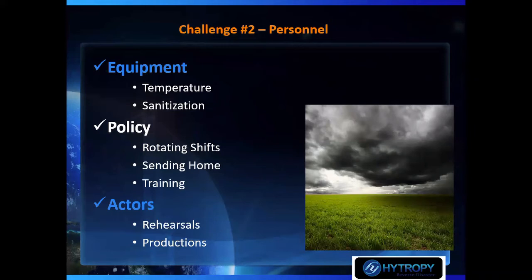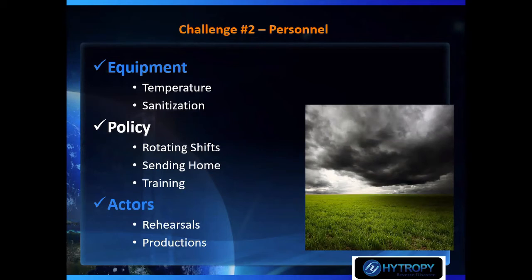Number two, you have to have what we call an agent of action, which means you have to have individuals who are empowered to send people home. This needs to include the following: management, line staff, volunteers, and performers. So there needs to be a policy for every one of them.